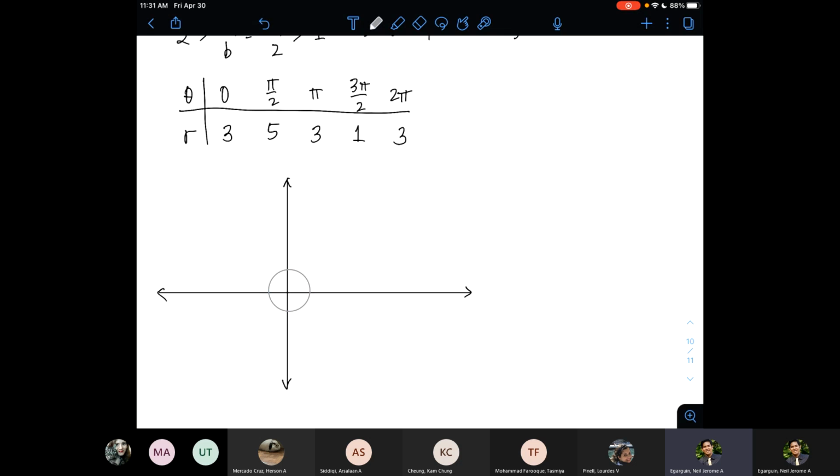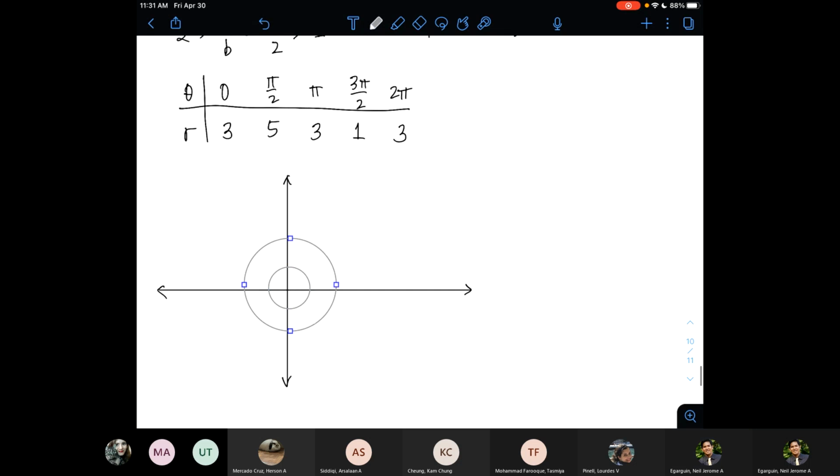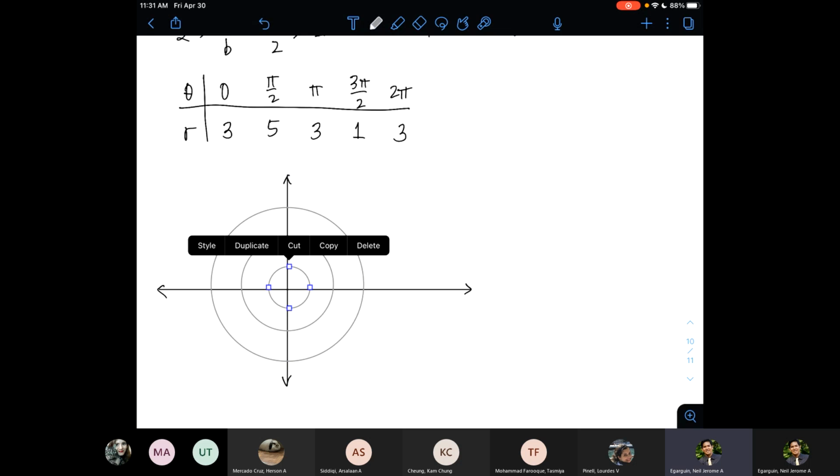That's radius 1. This one would be radius 3. And this one would be radius 5. Go in the middle. There you go.